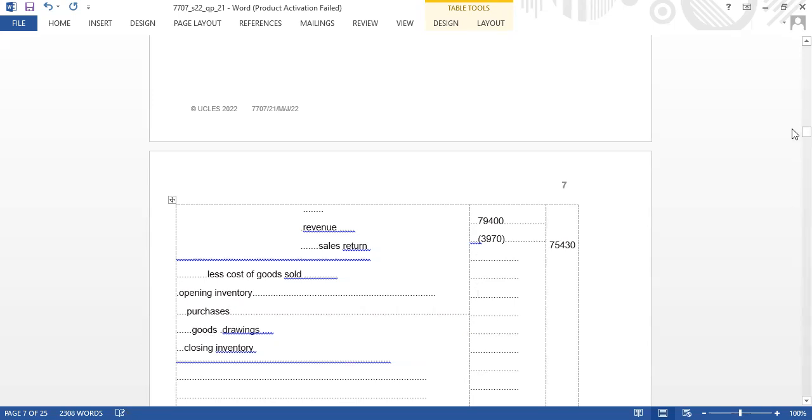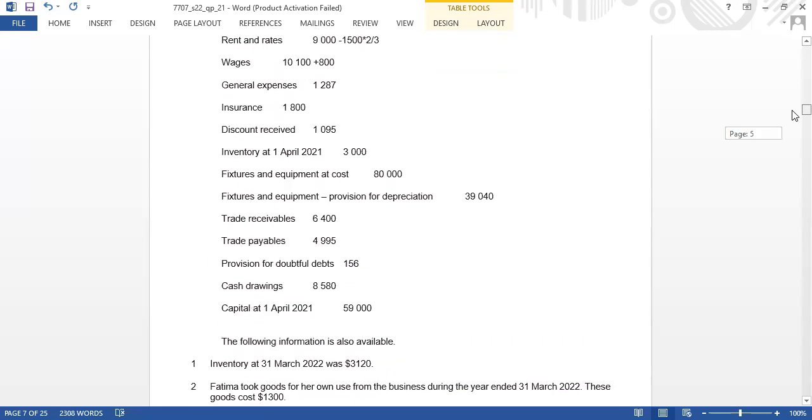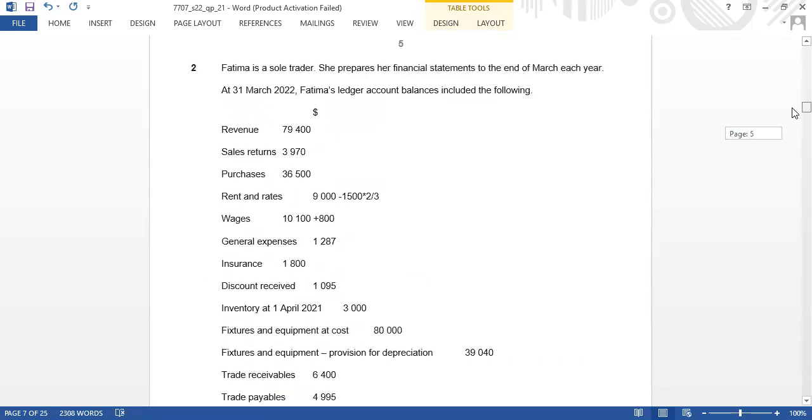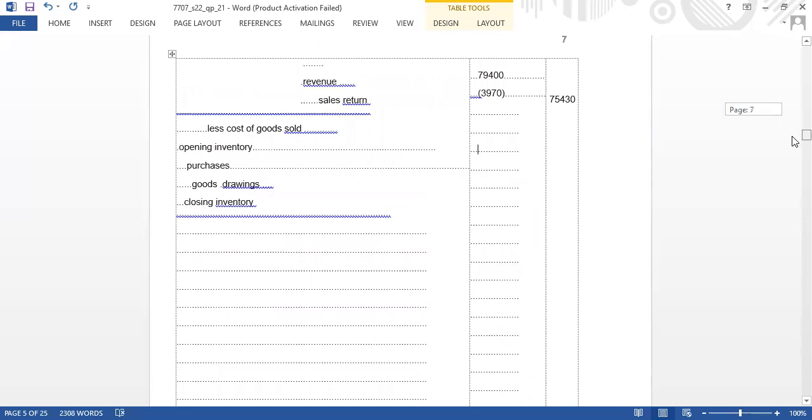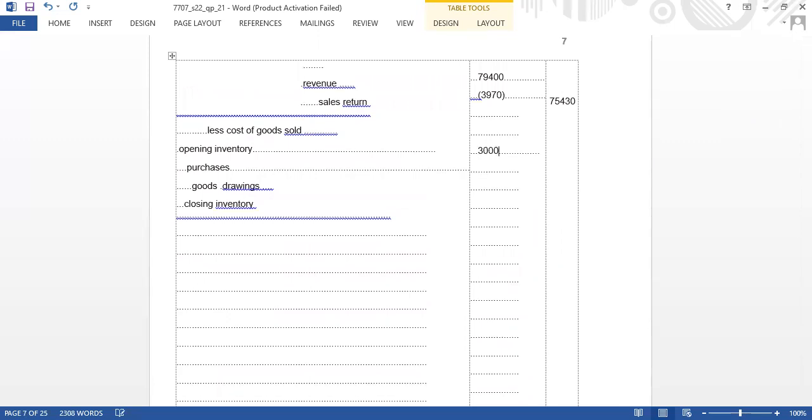The opening inventory, we have to write inventory at first April 2021, 3,000. Purchases are 36,500. Goods drawing will be deducted. That means 1,300 will be deducted.